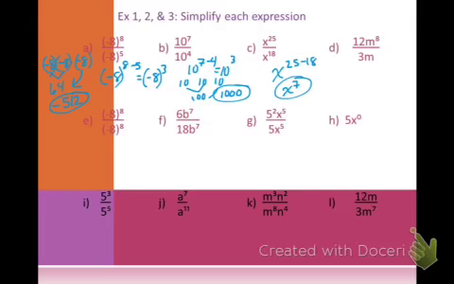D. You first start off by reducing it. 3 goes into 12 evenly. So I'm going to reduce it and leave it 4m to the 8th over 1m.